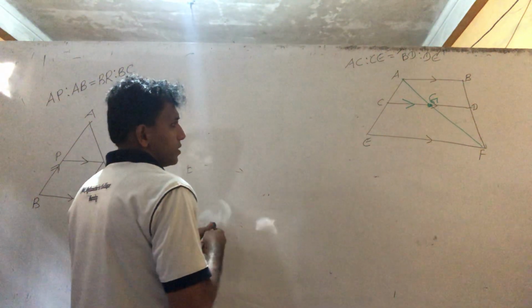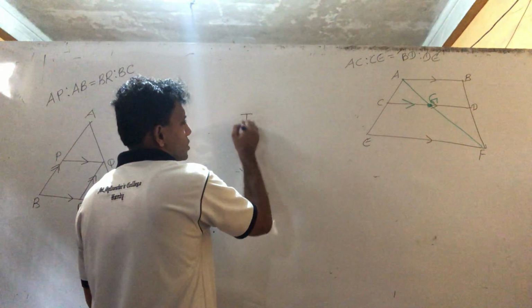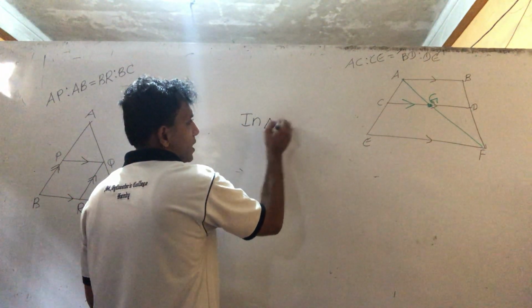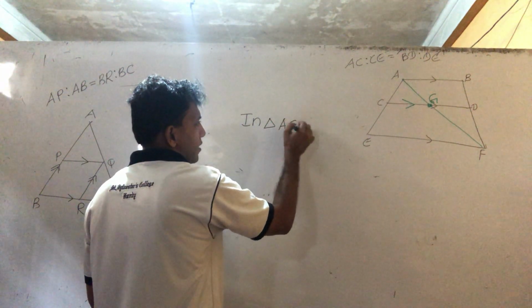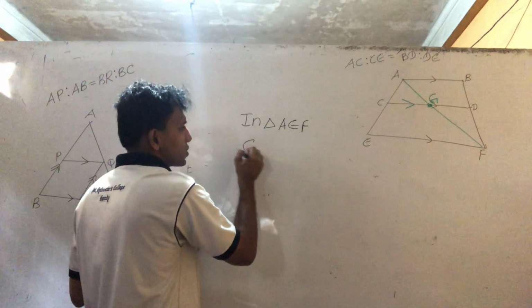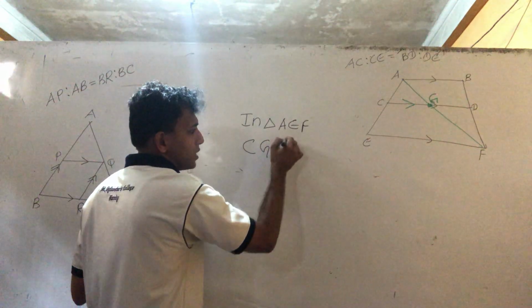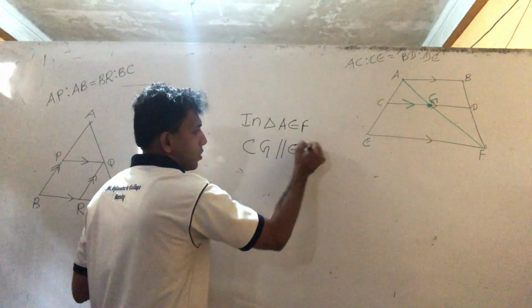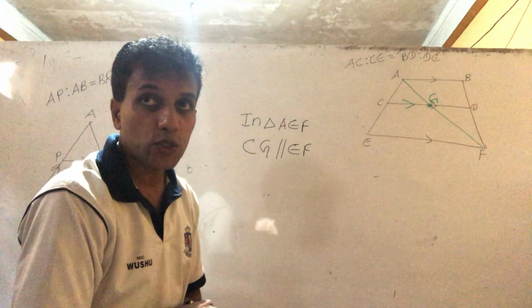In triangle AEF, by the construction CG parallel to EF. Okay, CG parallel to EF.